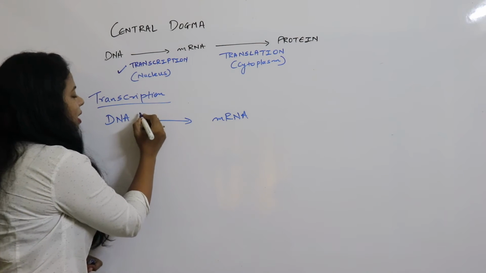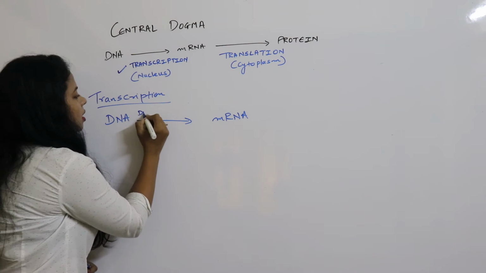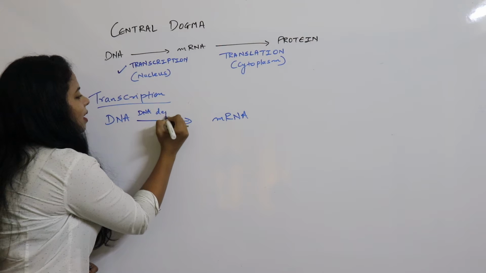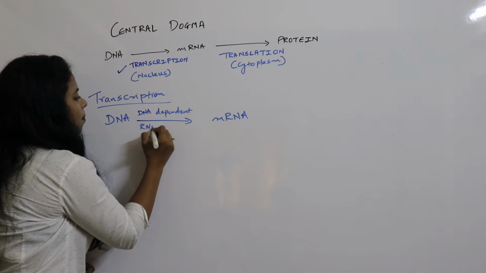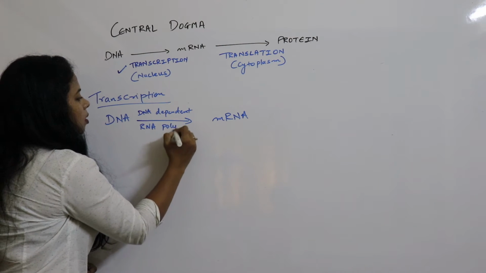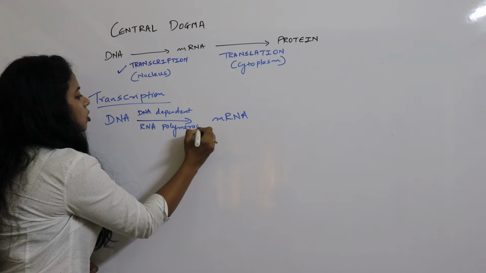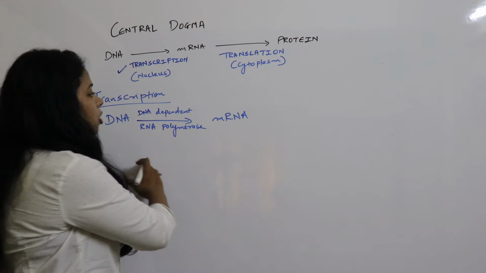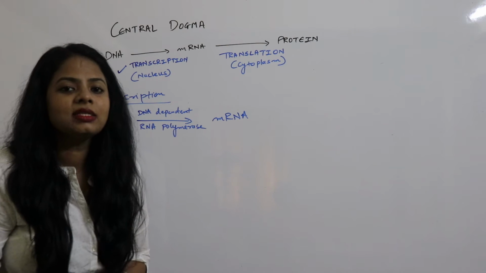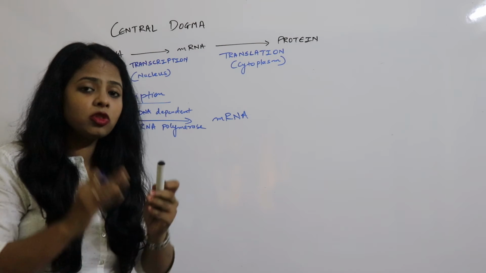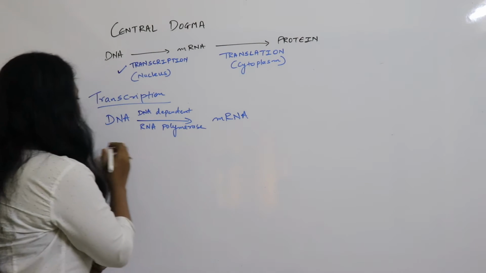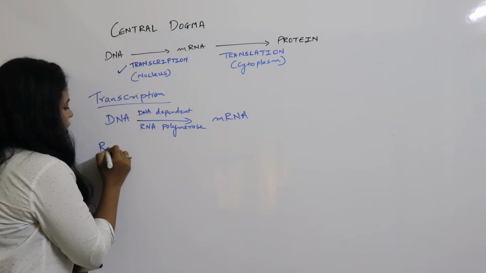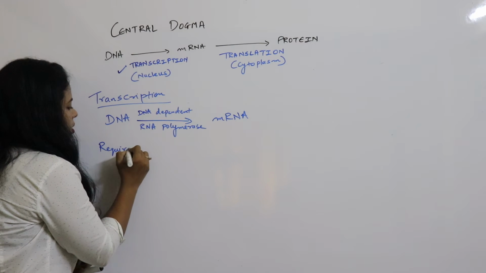So here the enzyme which is involved is DNA dependent RNA polymerase. So now this conversion takes place in 3 steps, but for those steps you require some units. Okay, so let us see the requirements.